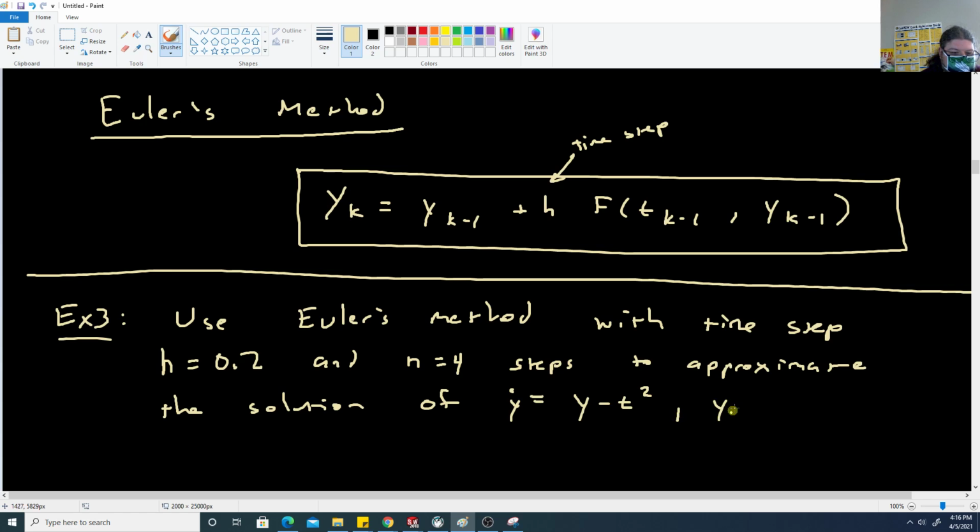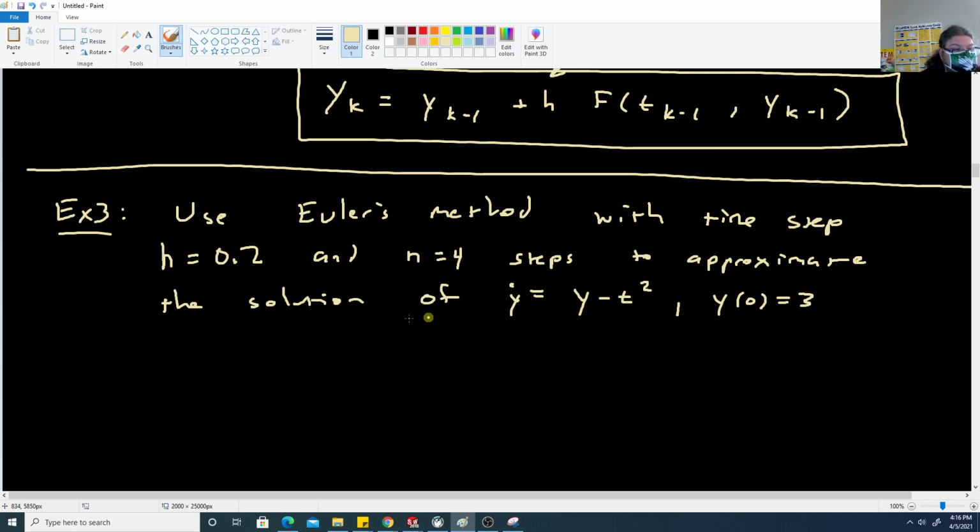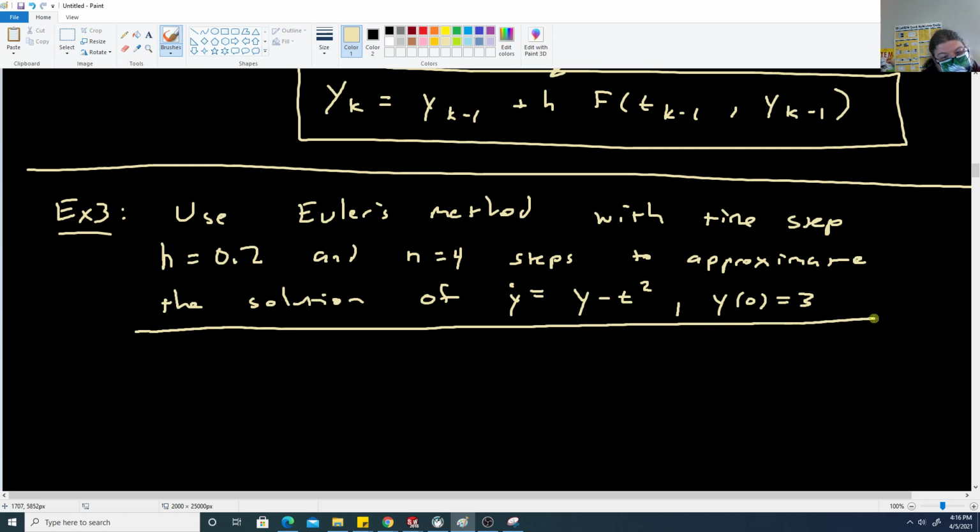And they have the initial condition y of 0 equals 3. So what we're going to say is, okay, our initial point, t of 0, is going to equal the initial time, which is 0. And y of 0 will be the y value at 0, which is 3. So this is kind of our starting information.